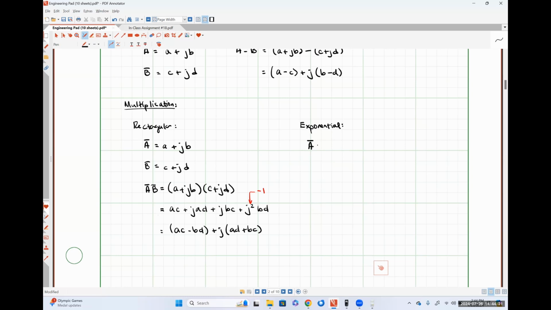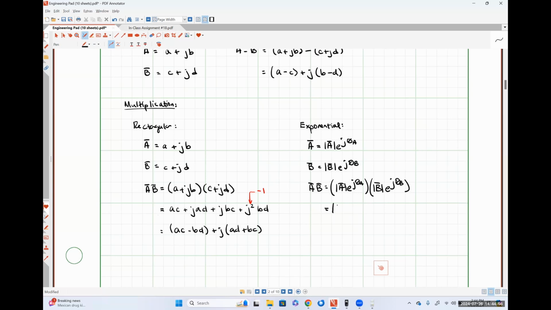If our exponential complex number a was the magnitude of A, e to the j theta A, and our complex number b was magnitude of B, e to the j theta B, multiplying these together would look like magnitude of A, e to the j theta A, times magnitude of B, e to the j theta B.